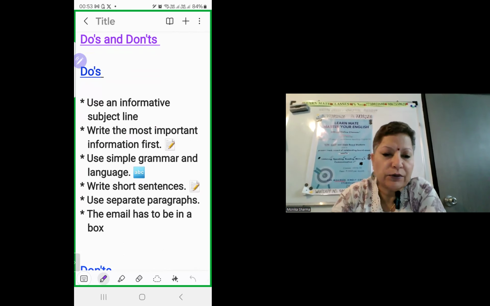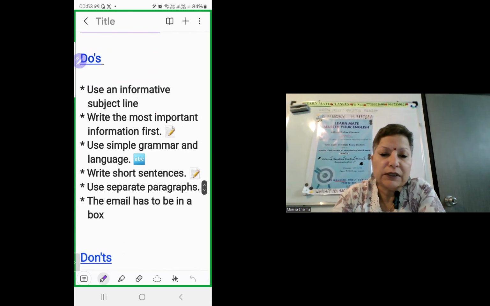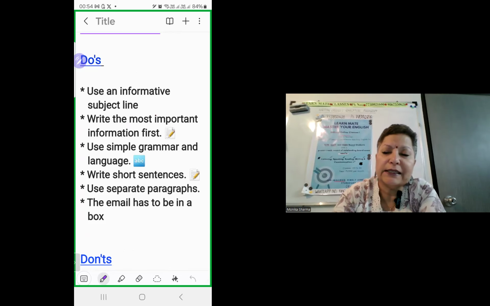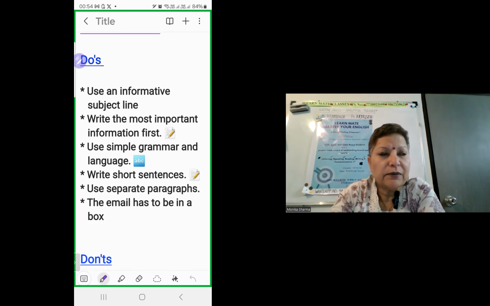Full stop. You do not need to write too much in your subject. Write the most important information first. In this case, you have to be introducing yourself, and convey your roll number and your section so that it can be passed on to the concerned teacher, because she is the one who is going to be keeping a record of any such mails.